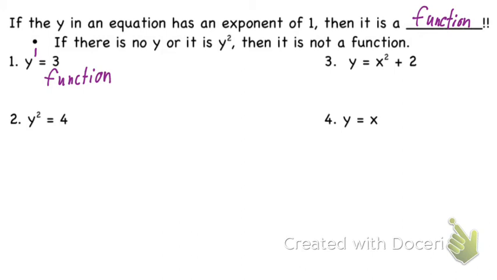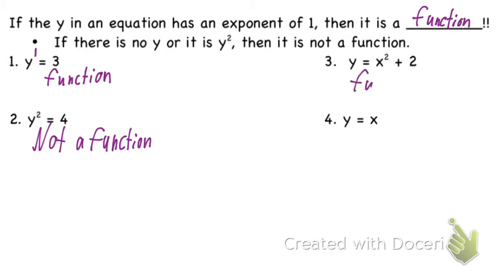Go to number 2 on the bottom. I have these in a weird order, don't I? What's the exponent on y? The exponent on y is 2. So is this a function? No. If the y has an exponent of 1, it's a function. If not, not a function. So on number 3, top right corner, that's a function.